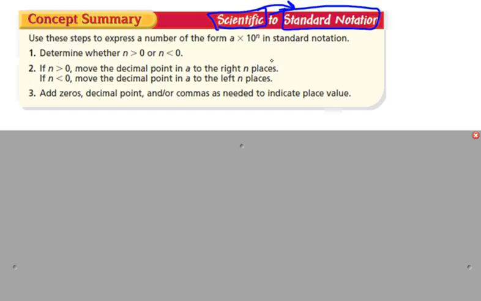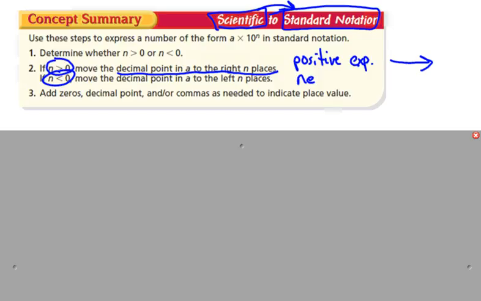So I'm going to write it like this: if n is greater than 0, so positive exponent, move decimal point to the right that many places. If n is less than 0, or it's a negative exponent, we're going to move the decimal to the left that many places.